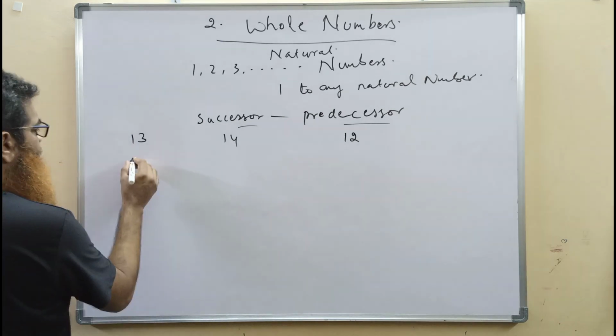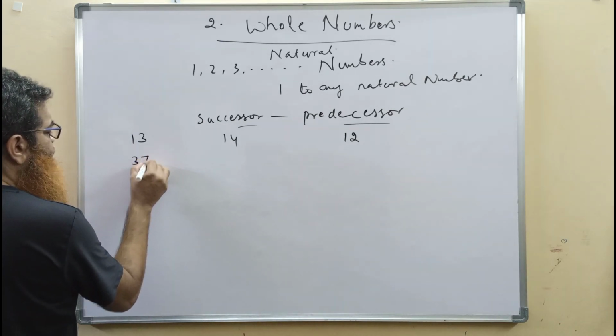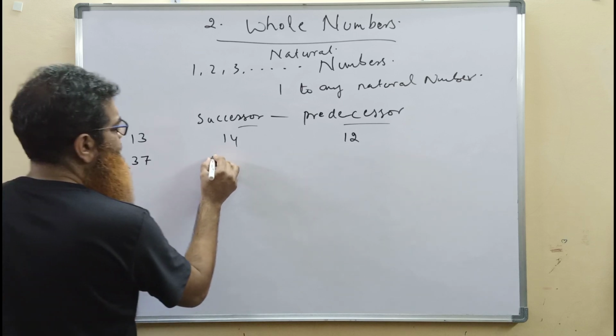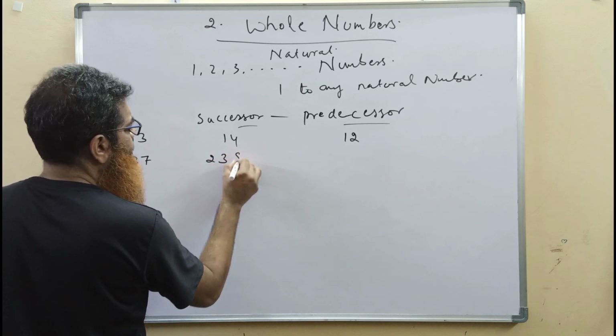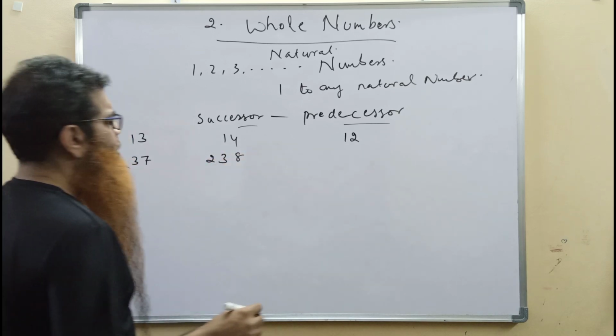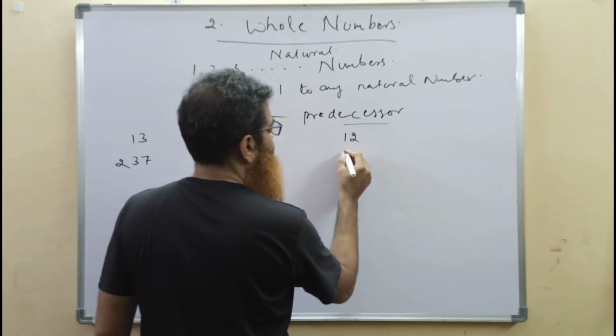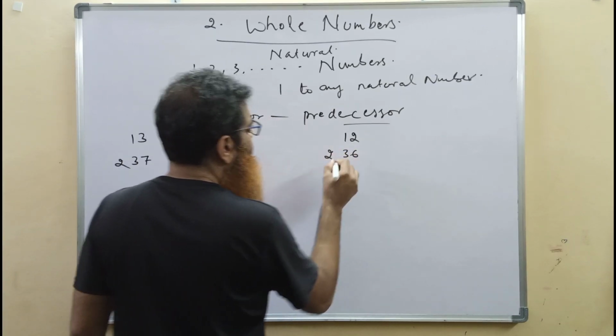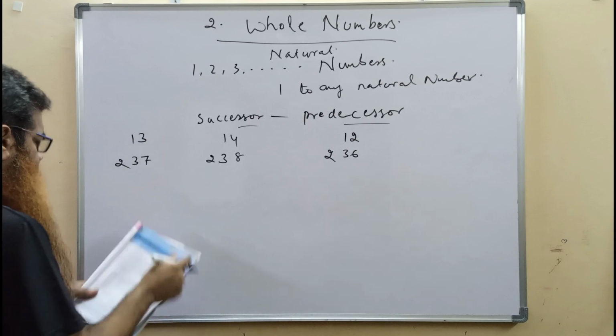Whereas we have 237 here. Successor is after 7, it is 8, so 238. The predecessor is 236.